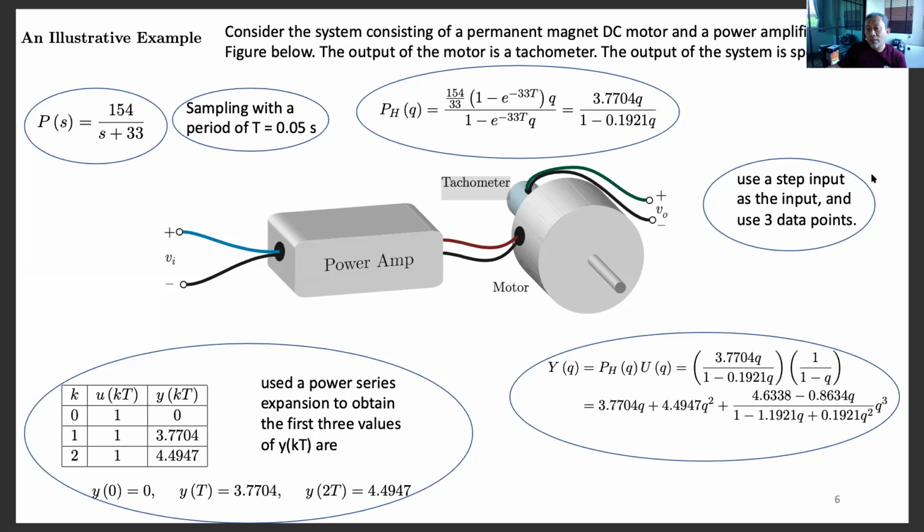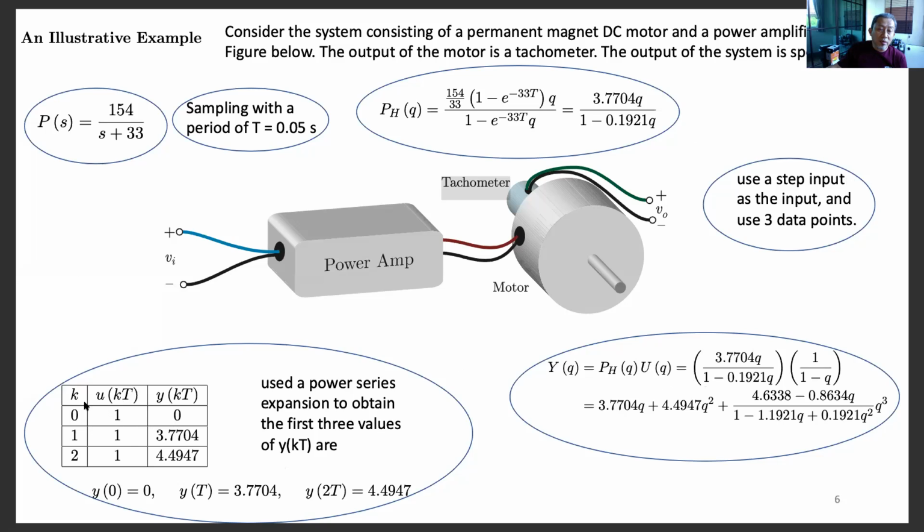The input of the data is a step input, where we inject a step at the input, and then we collect 3 data points by multiplication of the transfer function P and the step U. From here we use the power series expansion to obtain the three values of y(kT). So this is the data that we collect.